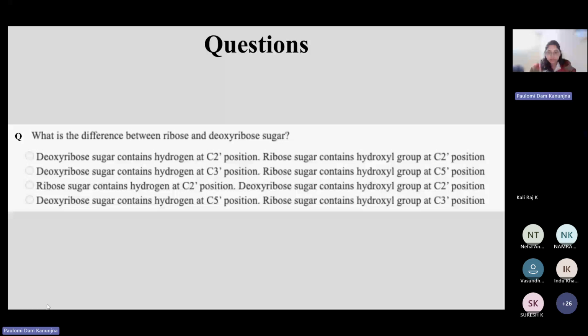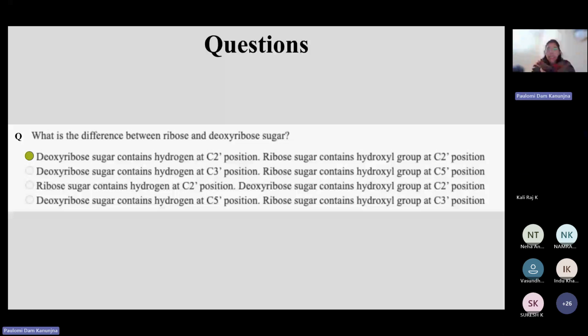One, right? Most of you are writing one. That's correct. So deoxyribose sugar contains hydrogen at the C2 position. Ribose sugar contains a hydroxyl, and the name suggests it, right? Deoxy means without oxygen. So at the C2 prime position you have no oxygen in DNA, which makes it less reactive, which makes it more stable.